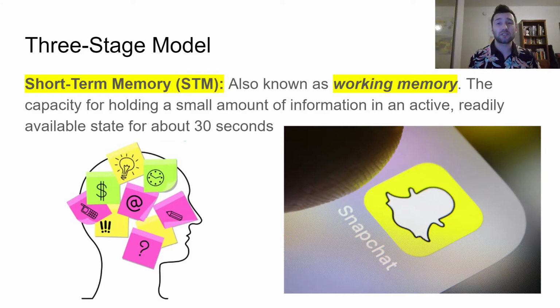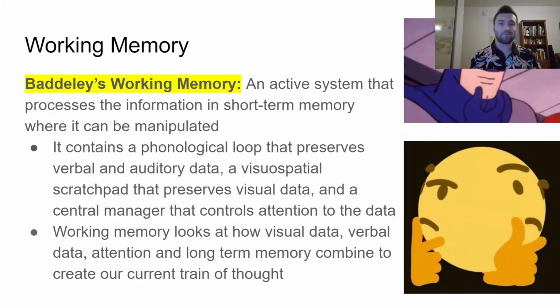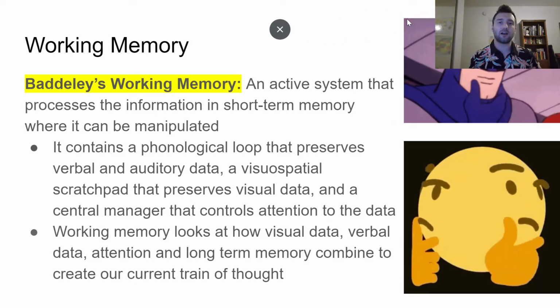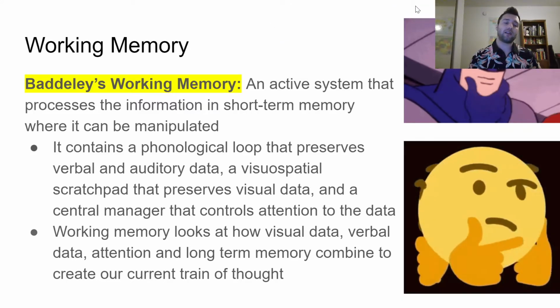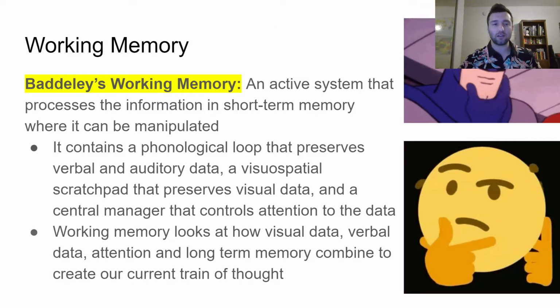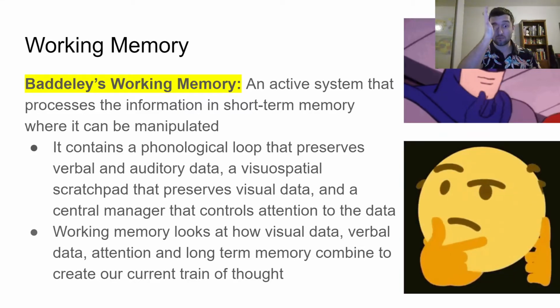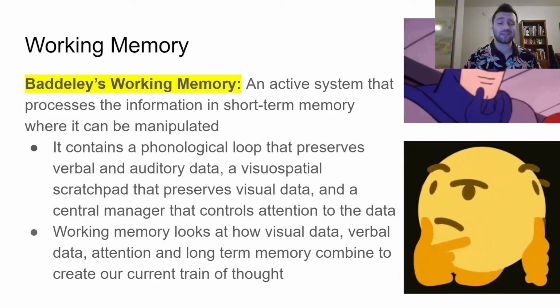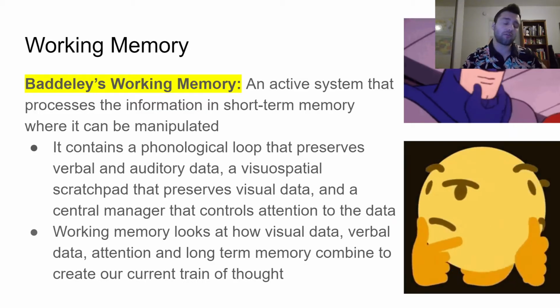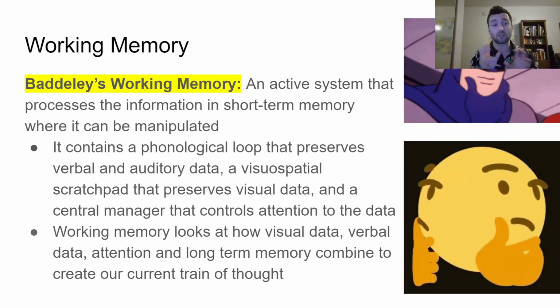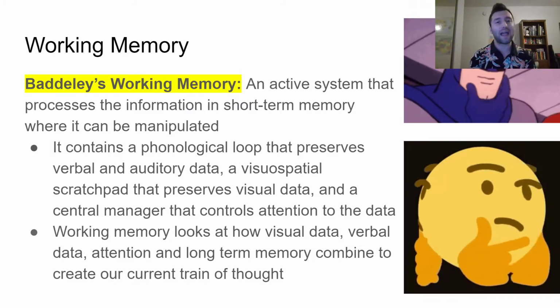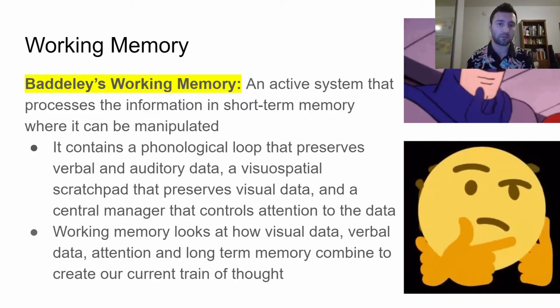Now, working memory is a little bit different. Some people use these interchangeably. Technically, they're not. What happened was there was the three-stage model, and then Baddeley added in working memory. He looked at the short-term memory in the three-stage model, and he said, I don't think how they're defining short-term memory is quite right. So he changed it a little bit and said, more accurately we should call it the working memory.